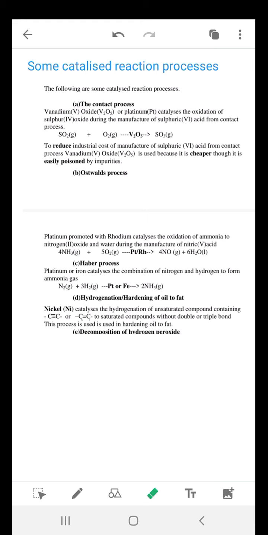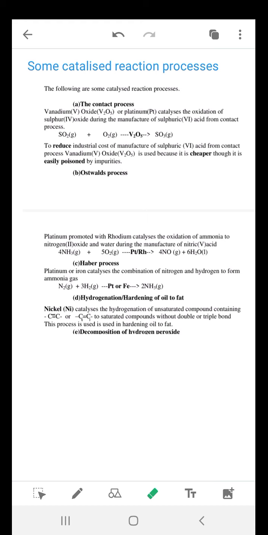So when hydrogen is added to an unsaturated compound, it gives you a saturated compound, in a process called hydrogenation, and that process requires a catalyst, and the catalyst used there is the nickel catalyst.